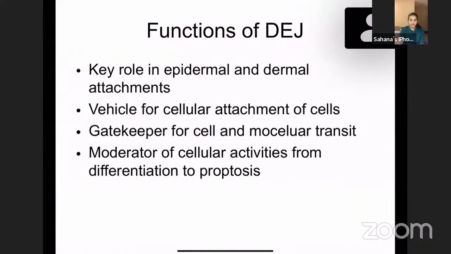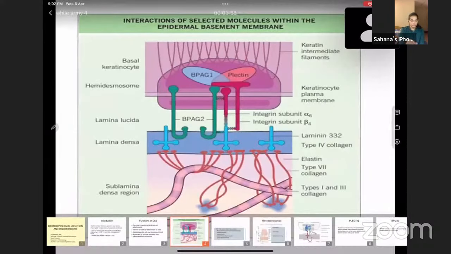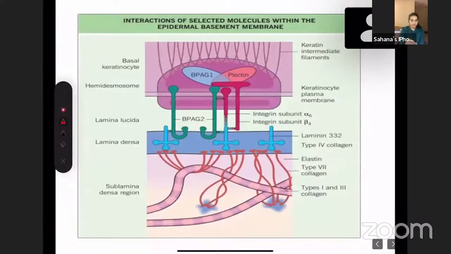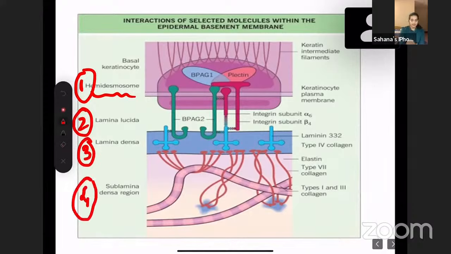The first one is known as the Hemidesmosome. The second one is the Lamina Lucida. The third one is the Lamina Densa, and below that is the Sublamina Densa. So these are the 4 structures of the dermoepidermal junction which we need to know: the Hemidesmosome, the Lamina Lucida, Lamina Densa, and the Sublamina Densa.